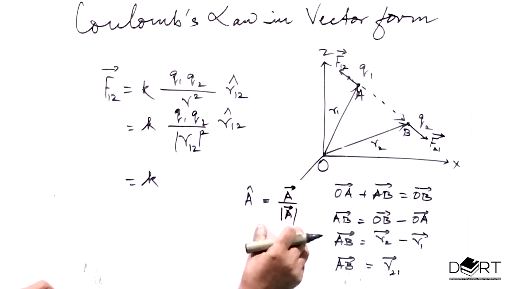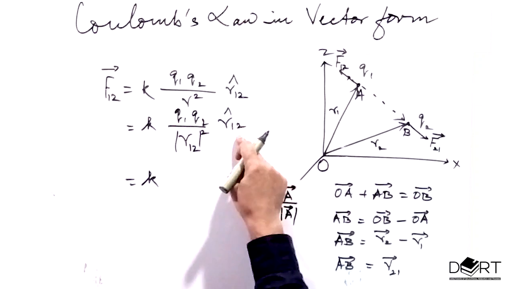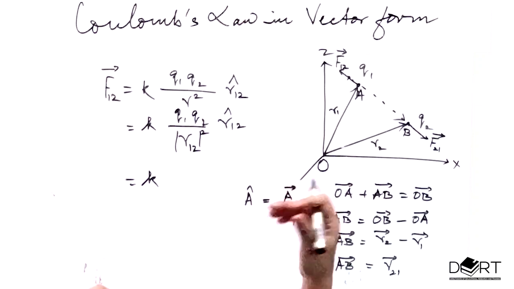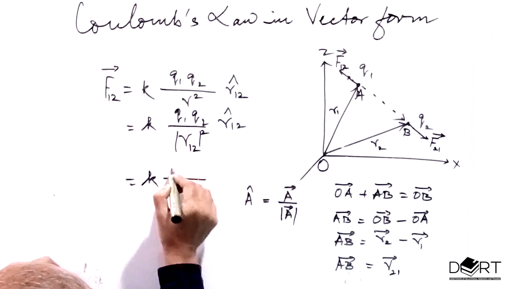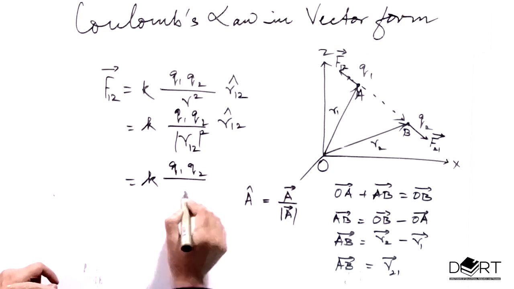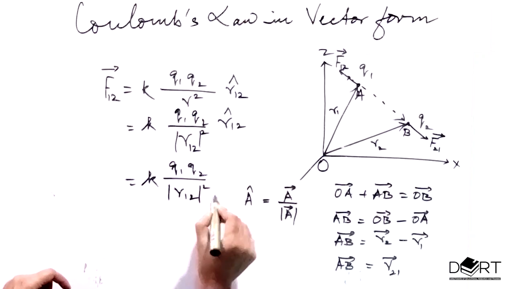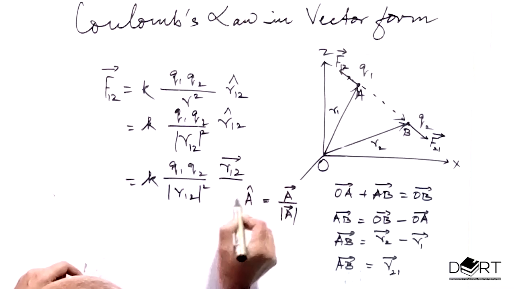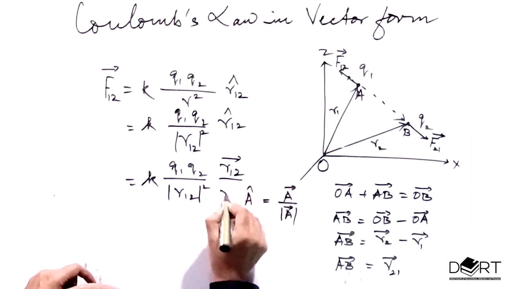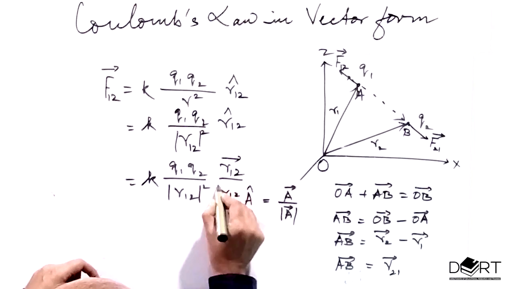So, we are going to use this idea here and write this unit vector in terms of the vector divided by its magnitude. So, I get q1 q2 by r12 modulus squared, and this vector I write as r12 vector divided by r12 modulus.